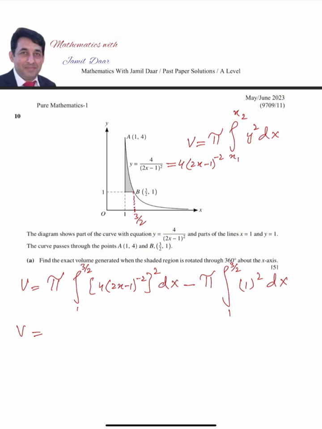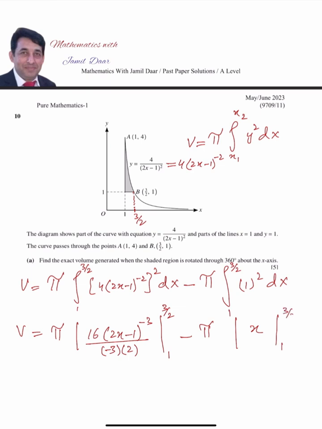V is equal to pi, and this is 16, minus 4 (2x minus 1) raised to the power of minus 4. So this will become minus 3 divided by minus 3 also, and the further derivative, that would be 2, from 1 till 3 by 2. And then minus pi, and 1's integration is x, from 1 till 3 by 2.